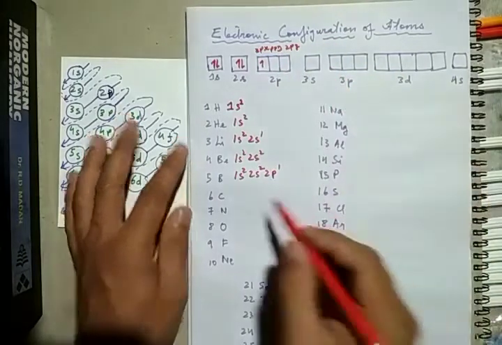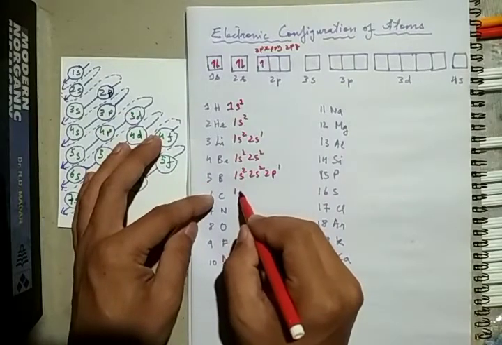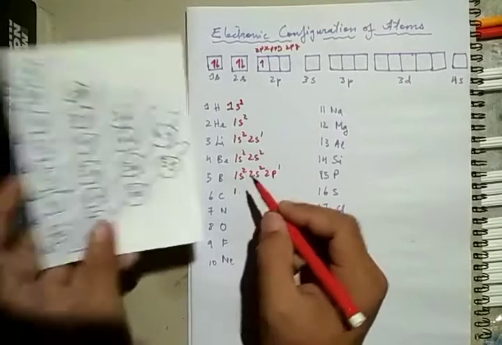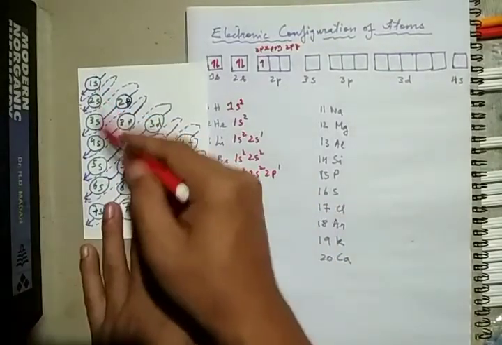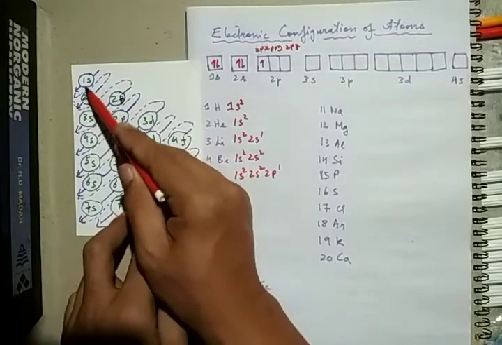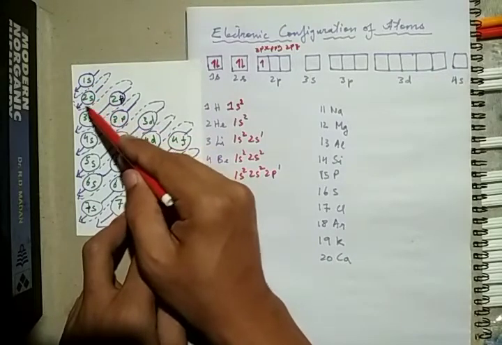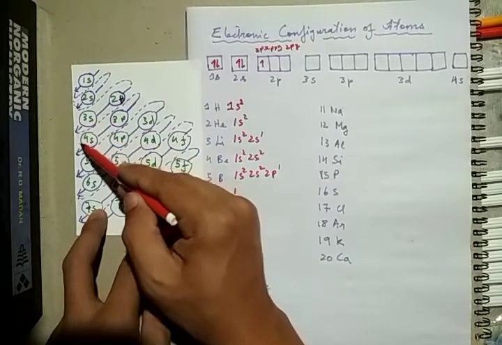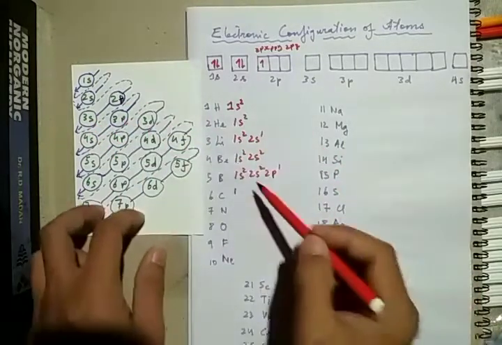For carbon, according to the Aufbau principle, 1s followed by 2s, and then 2p, 3s, and then 3p, like that.